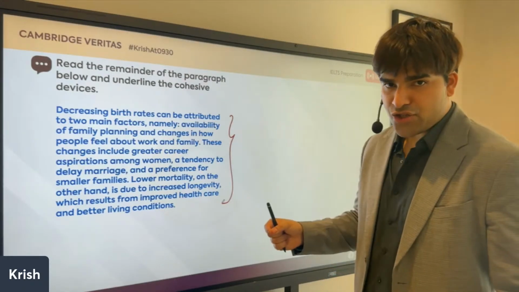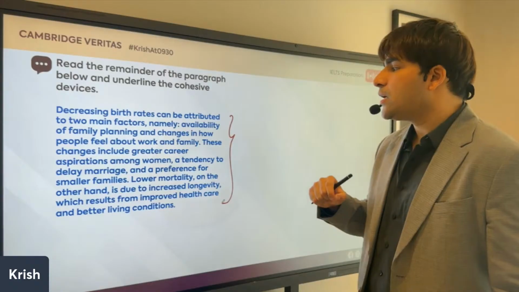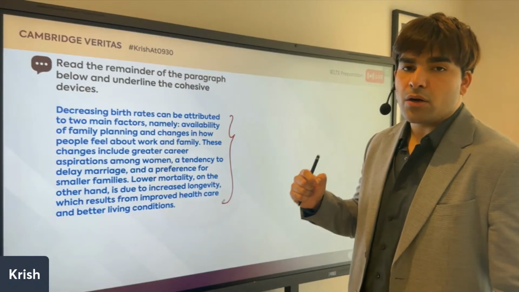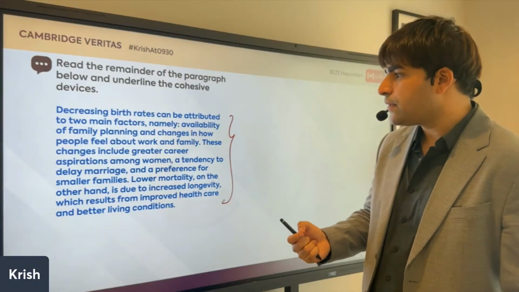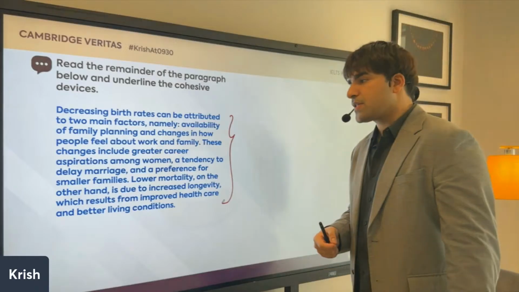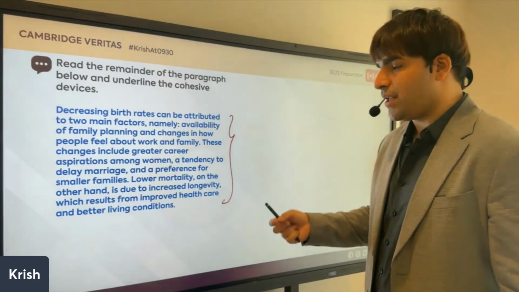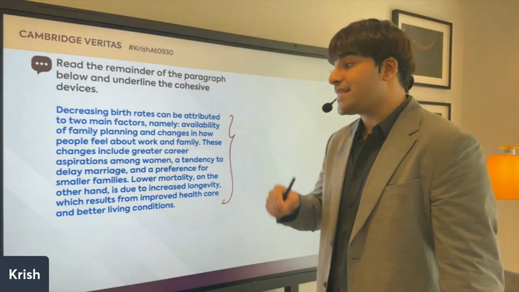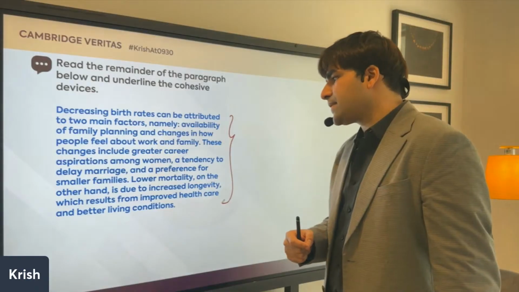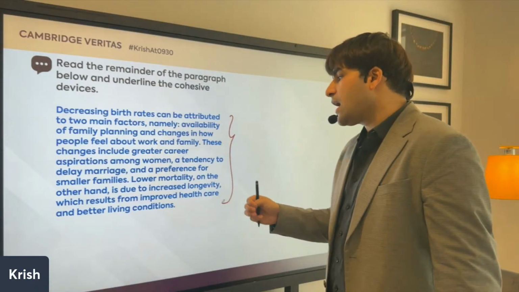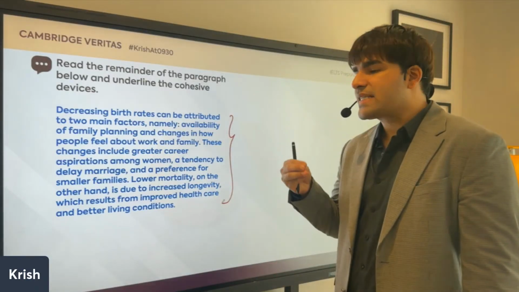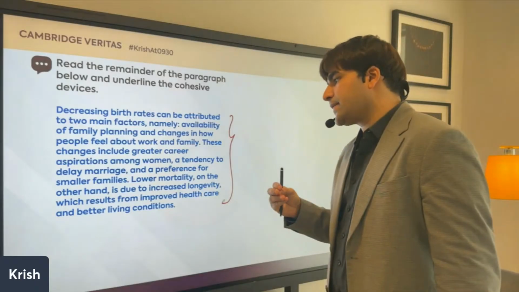These changes include greater career aspirations among women, a tendency to delay marriage, and a preference for smaller families.